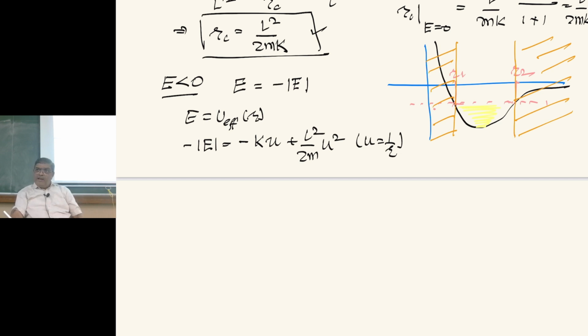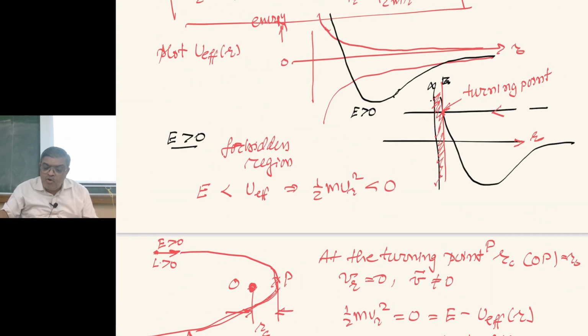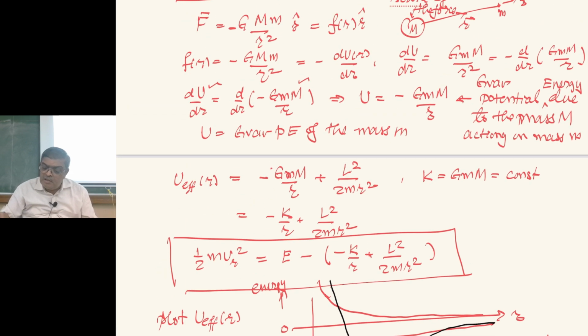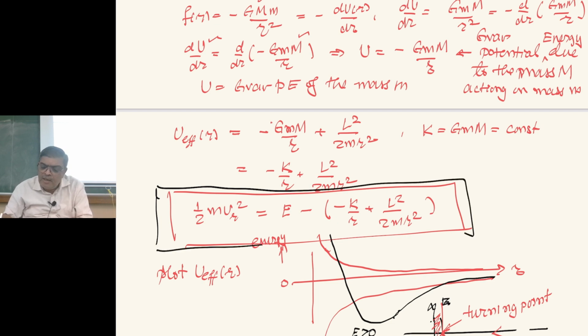Especially if you have the radial equation, you can carry out one integration even without knowing what the shape of the force is. If I do that integration, I'm going to get this equation. This is what is called the first integral of the radial equation. This much you can do.